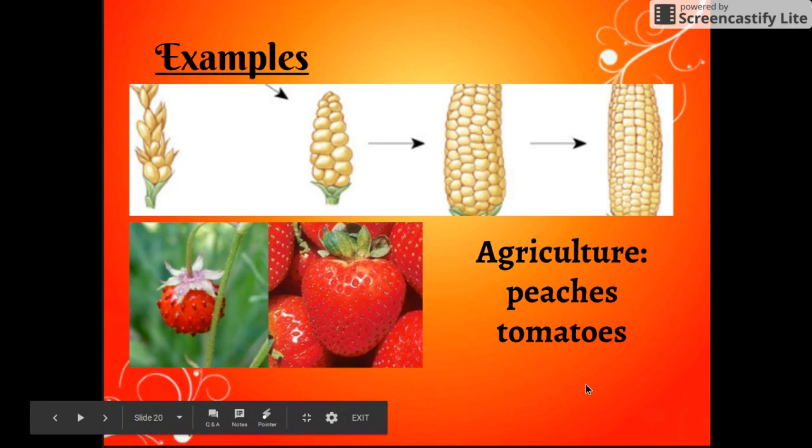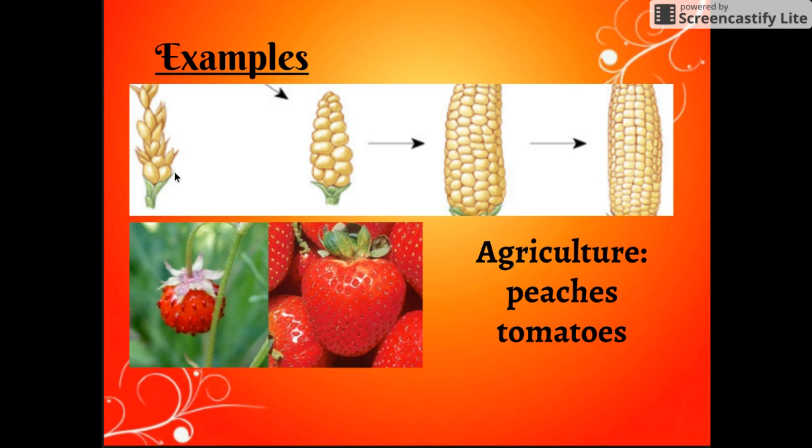Another example would be agriculture. So you have corn. This corn used to just actually be this useless sort of grain, like a grass. And then people decided, okay, we only want to plant seeds from the better types of corn. So they get the bigger corn kernels, and those are the seeds, and then they grow more, and then they're like, oh, look, this is becoming more of a corn cob, we can eat these grains, so let's just take some of these bigger ones and plant them again.